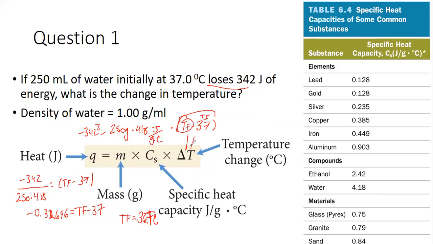We're solving for temperature final, so that's the answer. 37 minus 36.7 is delta T, but we want T final. Okay. Any other questions about that, or we'll move on to our next related idea.